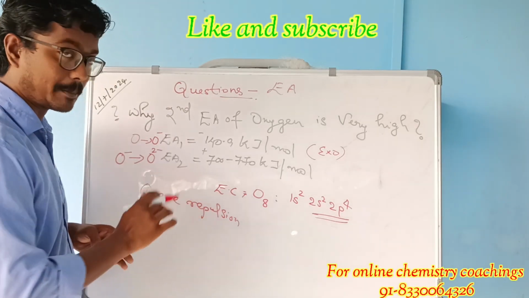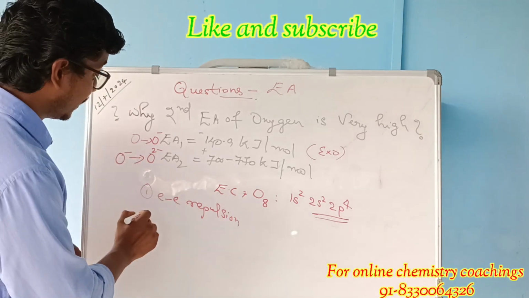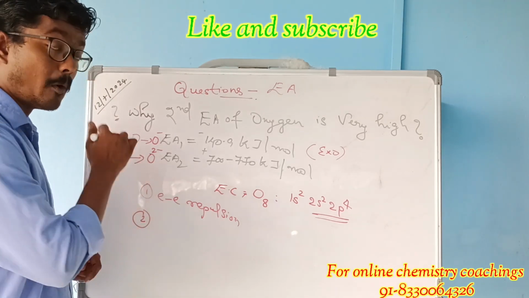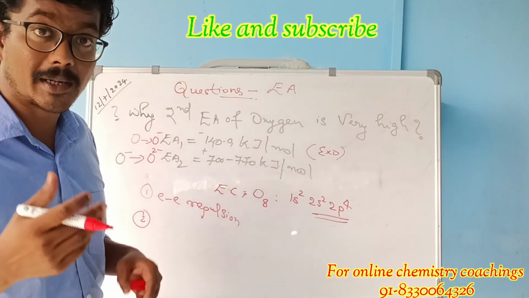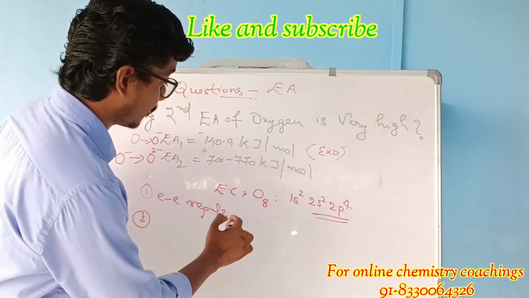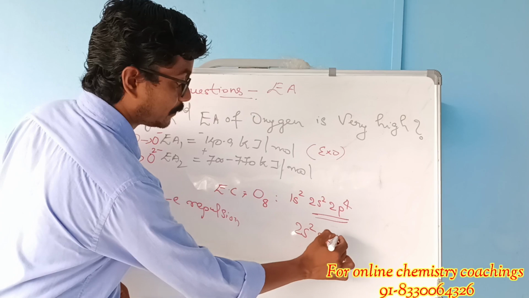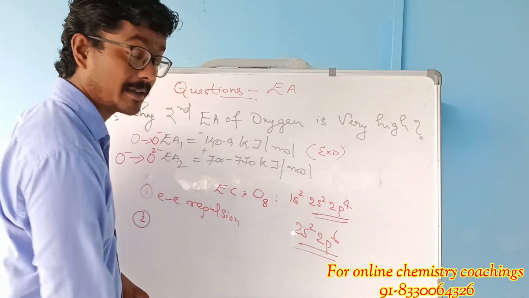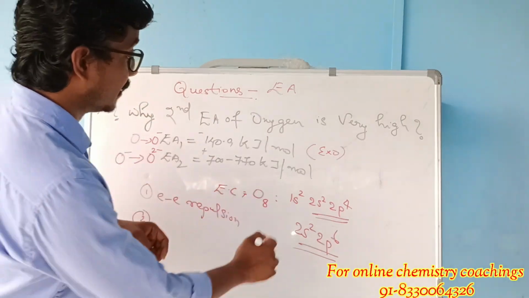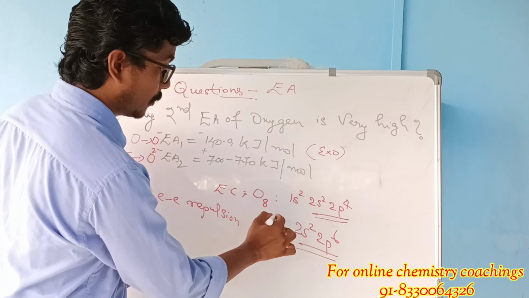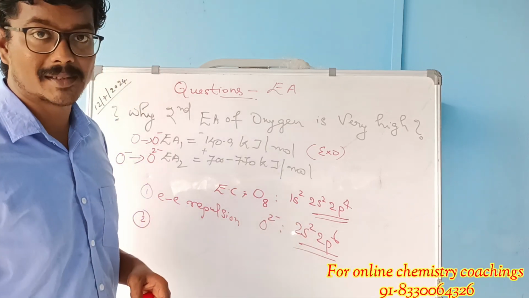So electron-electron repulsion is there. In addition to that, there is the tendency of O minus to attain the noble gas configuration, which is 2s2 2p6, right? This is oxygen. What about O2 minus? This is O2 minus.